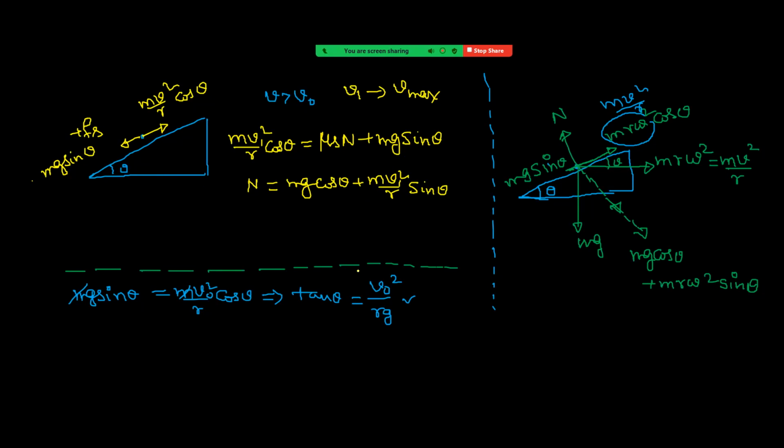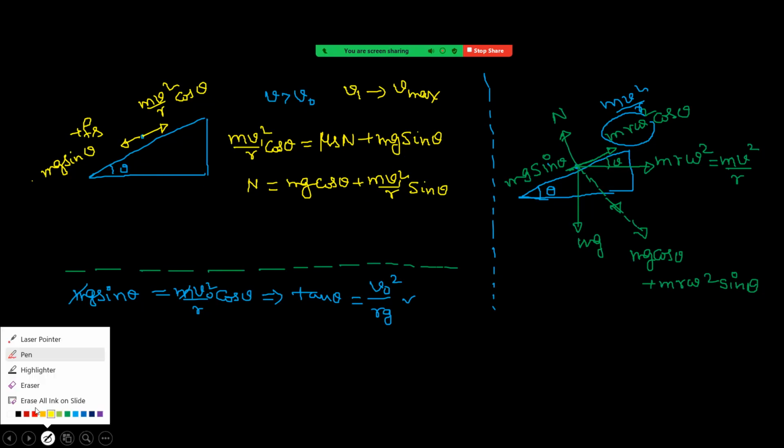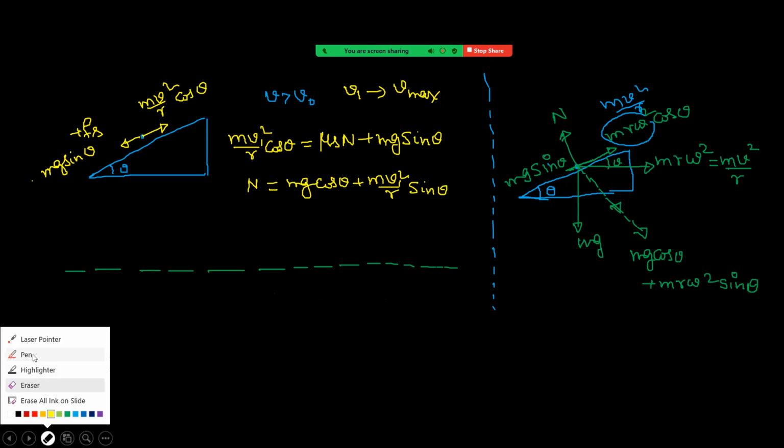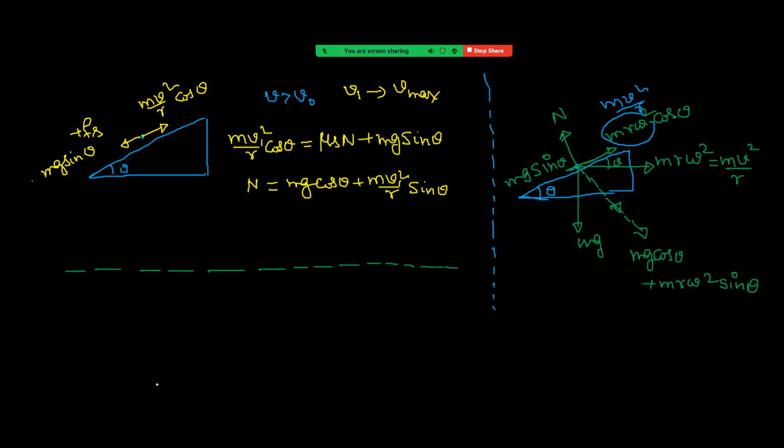Let us calculate now what is the minimum speed. When speed is minimum, the vehicle has a tendency of slipping down the road. Then friction will be up the road. I will make a diagram here.